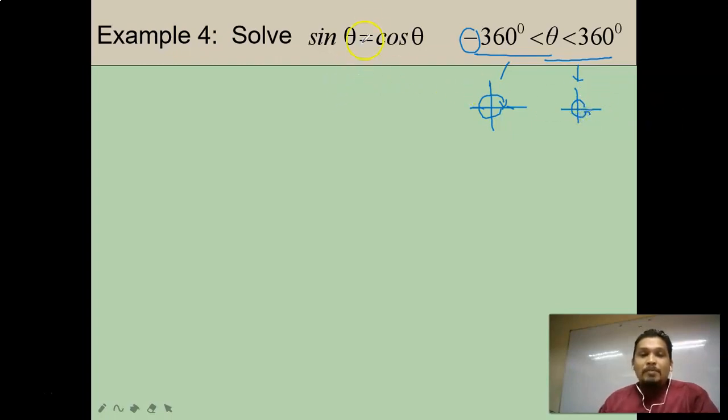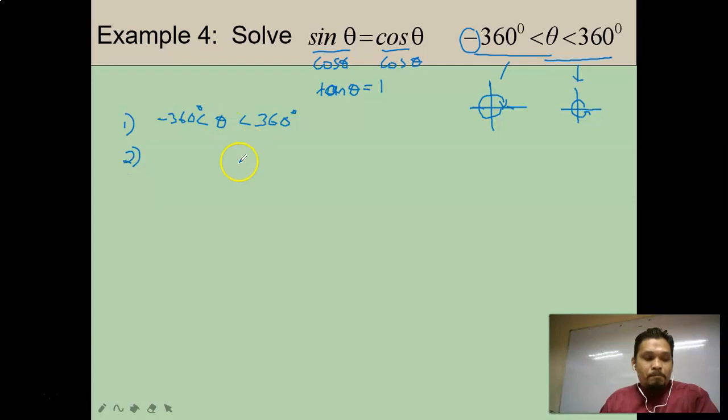Now for sine theta plus cos theta, we simplify this by dividing by cos theta and also cos theta. So sine over cos equals tangent theta equals 1. The first step is to clarify that theta is between negative 360 degrees and 360 degrees.